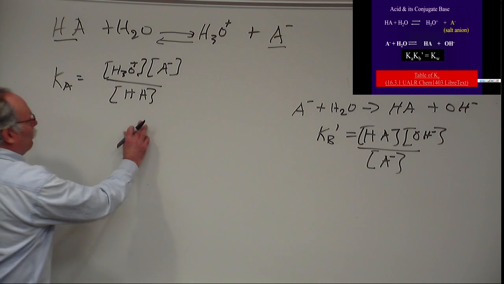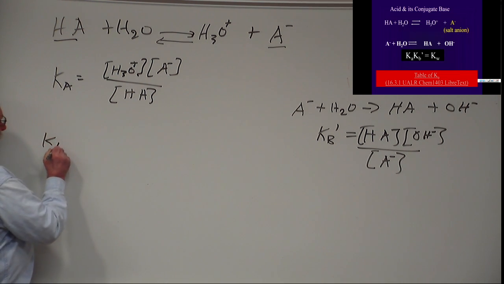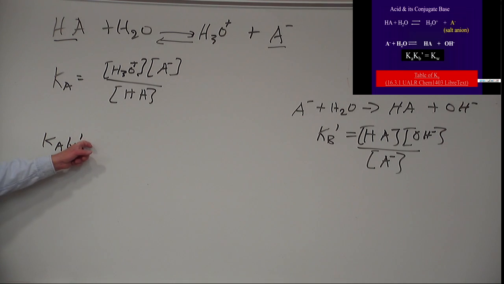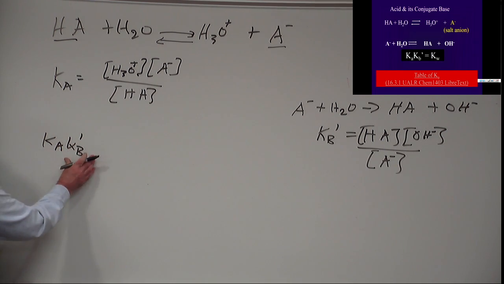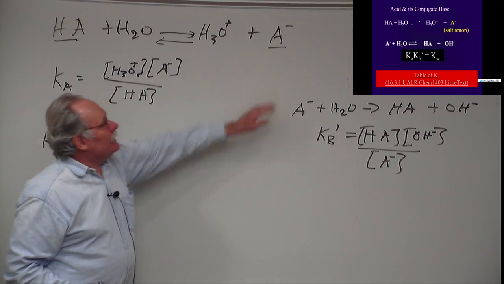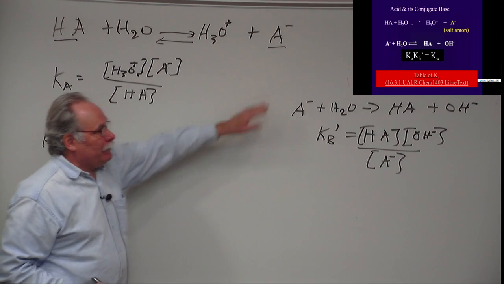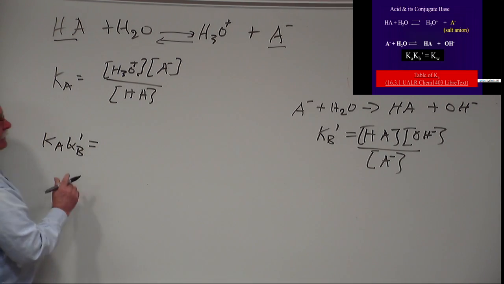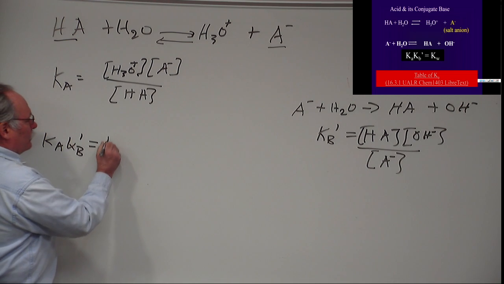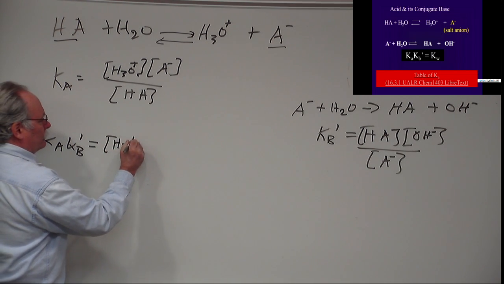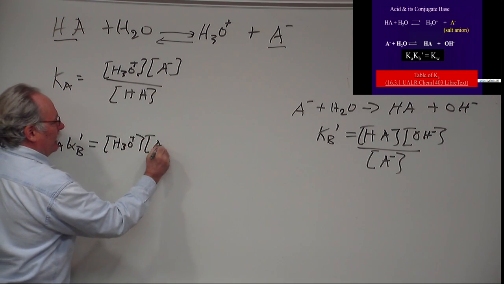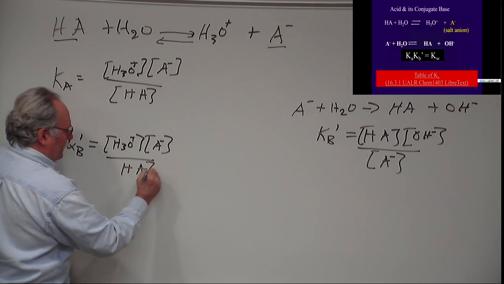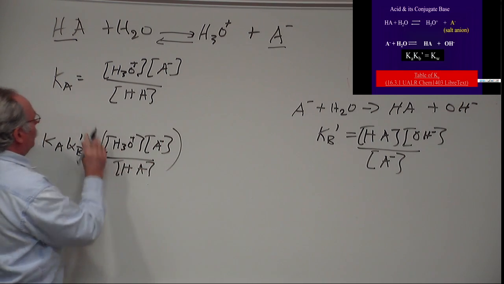Now if I multiply these, I have Ka, Kb prime here. And I'm the only one who uses primes, as I said earlier. I'm simply using the prime to indicate that this is the Kb of the conjugate base of the weak acid. And they must be for conjugate base pairs, acid-base pairs. So I have hydronium ion concentration times the A minus all over HA. Here is my Ka right here.